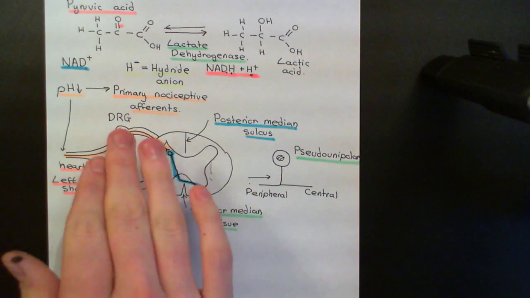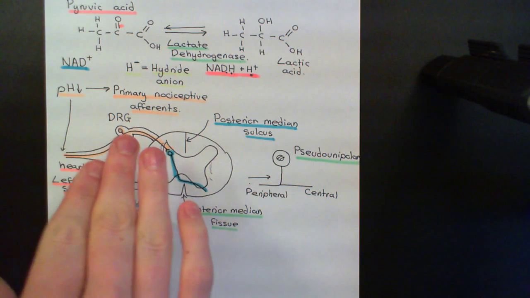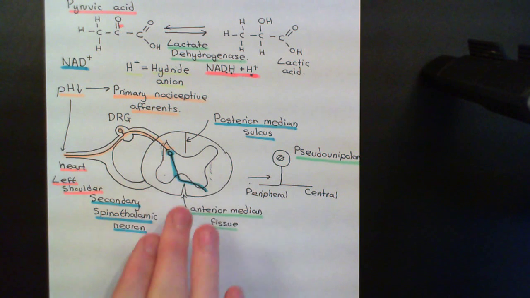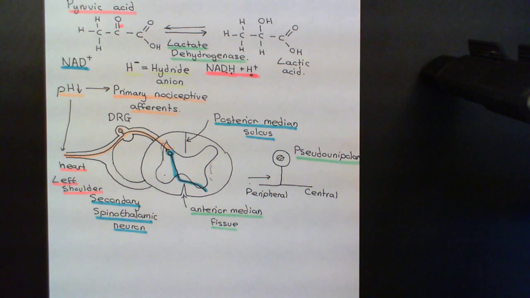Now, of course, not all of the primary nociceptive afferents that are coming from the heart will share secondary spinothalamic neurons with primary nociceptive afferents from the left shoulder, which is why you still do get some, indeed a lot of pain that is evidently coming from where your heart is, but you're also going to get some pain coming from the left shoulder, or at least perceived to be in the left shoulder, and that's from these primary nociceptive afferents from the heart, which synapse onto the same second order spinothalamic neurons as primary nociceptive afferents from the left shoulder.